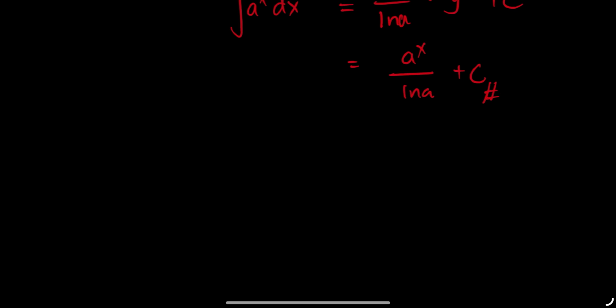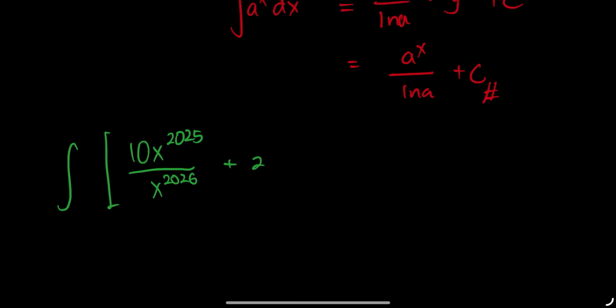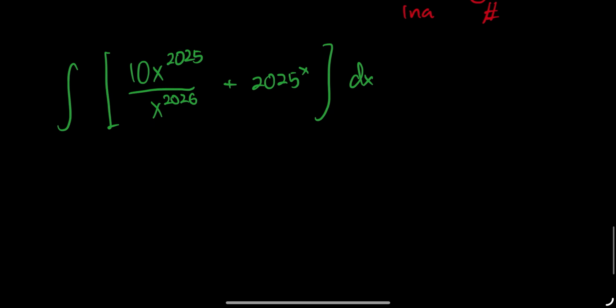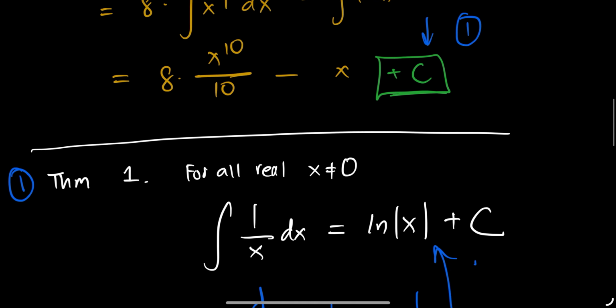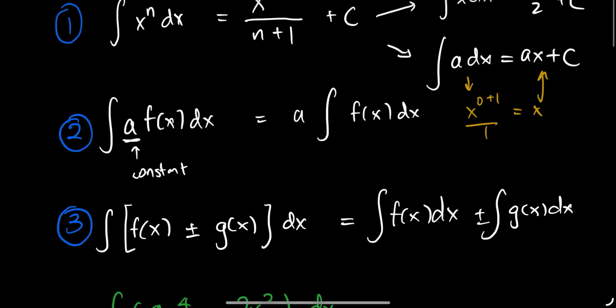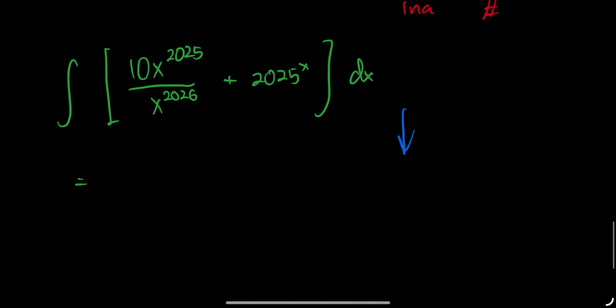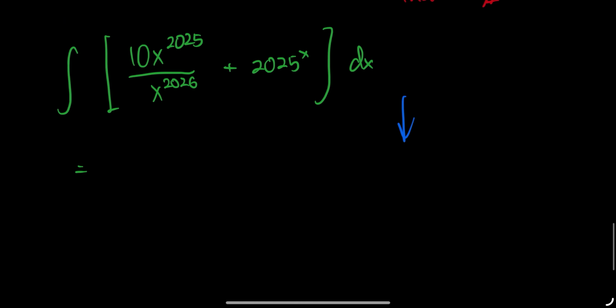Okay, so now let's try some problems based on it. Let's try the integral of 10x^2025 over x^2026 plus 2025^x dx. First we use our rule, is it the first rule? I'm not sure. Yep, it's the third rule, my bad. We use the third rule so we can split them up.